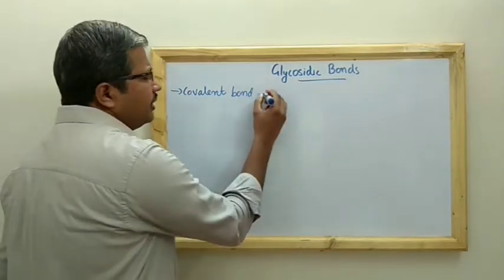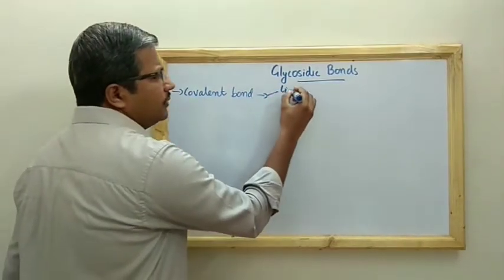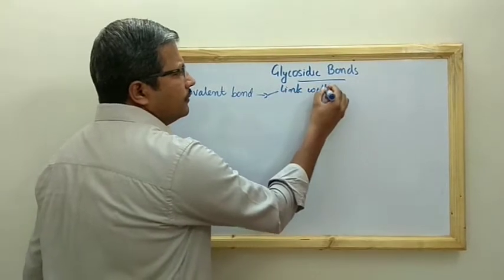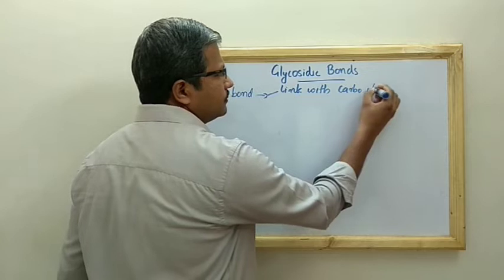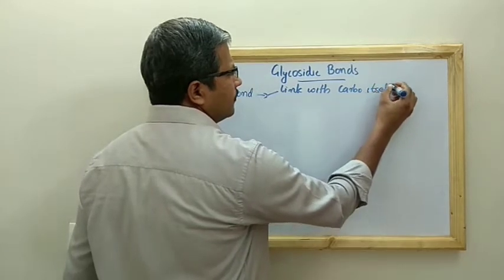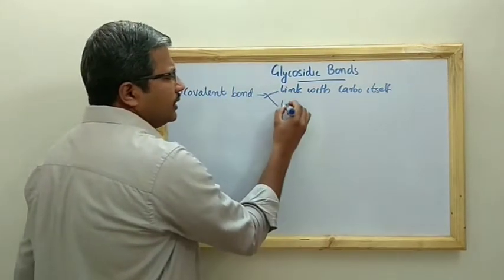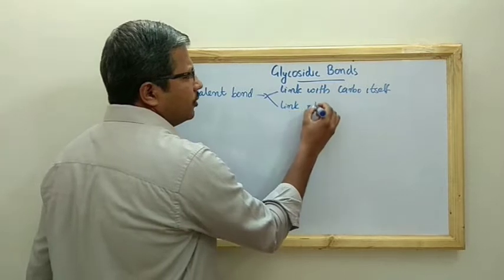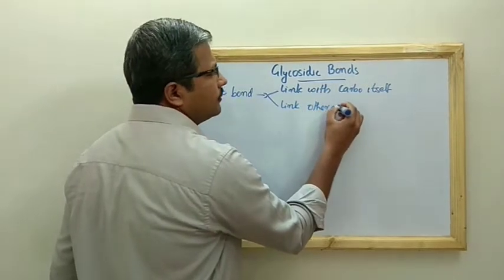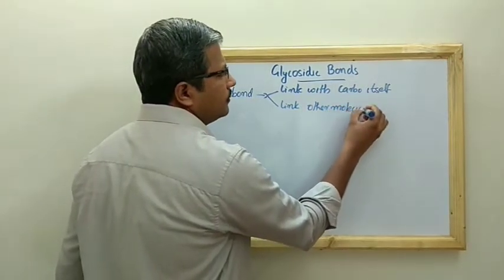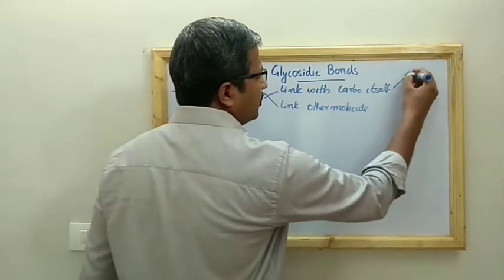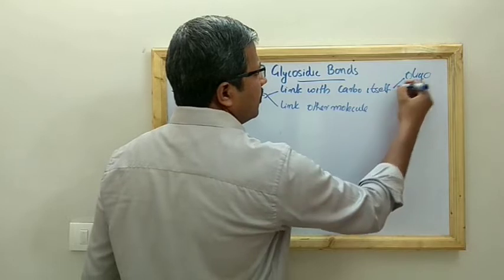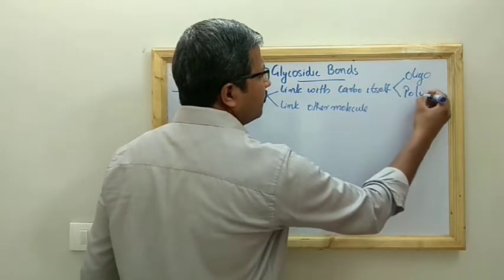So this bond will be used to link with the carbohydrate itself, or to link other molecules. If it is linking with the carbohydrate itself, what will be formed? Either an oligosaccharide or a polysaccharide will be formed.